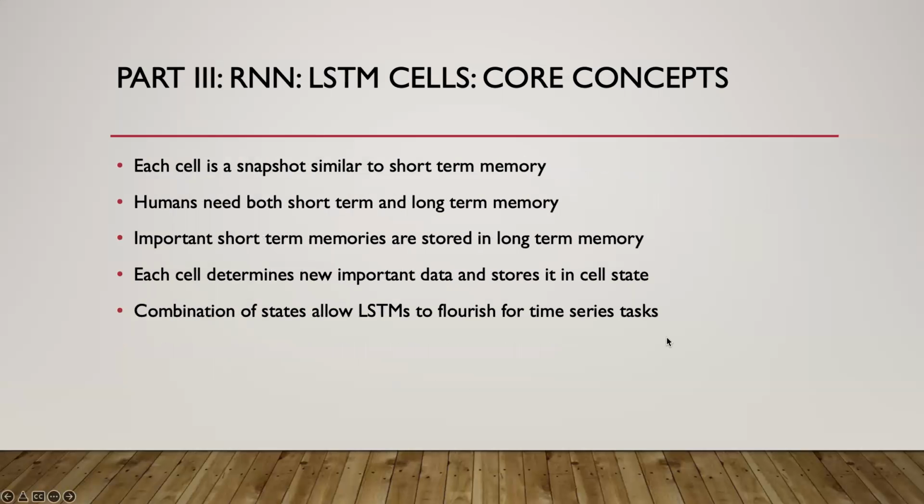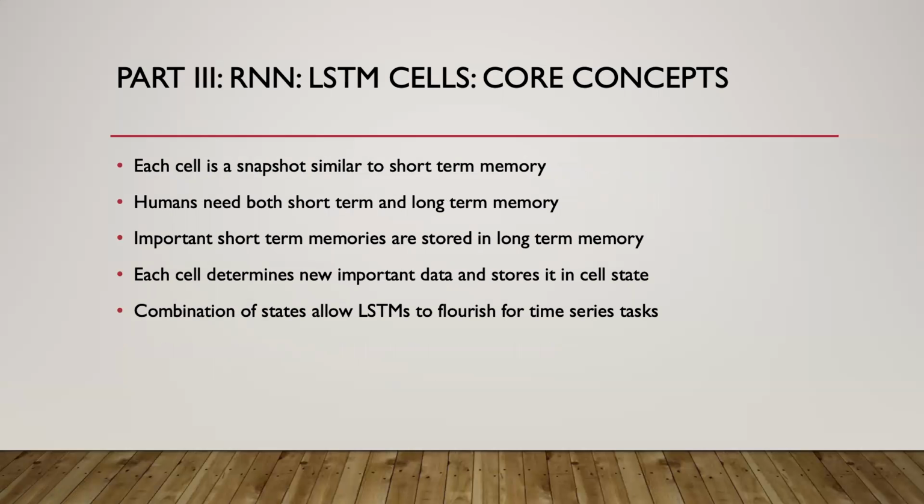So like I said, each cell has a snapshot similar to short-term memory. Obviously, humans need both short-term and long-term memory to survive and to complete simple tasks like language, writing, sequencing, stuff like that. And so the short-term memories that are important are stored in the cell state, which is the long-term memory.